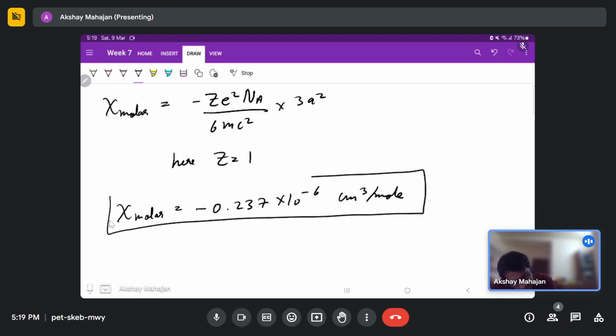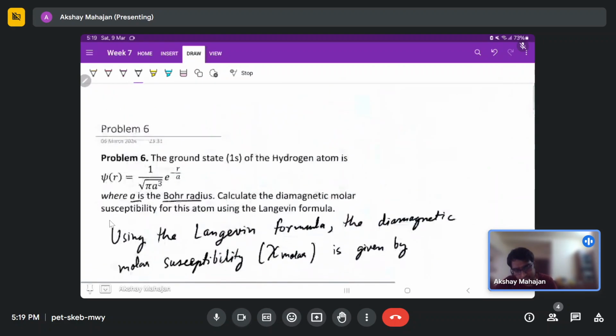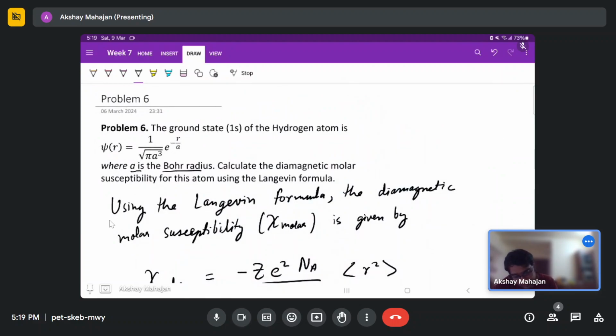So this will be your diamagnetic molar susceptibility, and it is negative as well. So yes, it is diamagnetic, and it's a small value as well. We have found the diamagnetic molar susceptibility.